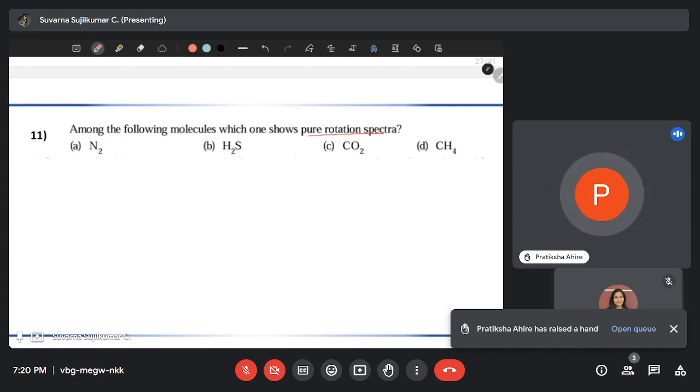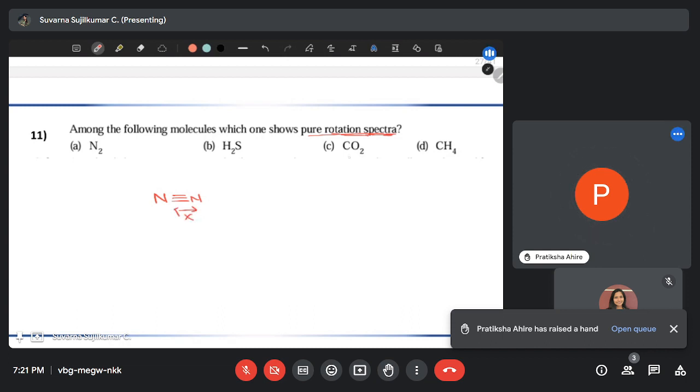First one, ma'am. What is the criterion for a molecule to be rotationally active in a rotational spectrum? It should have a permanent dipole moment, right? The structure of N2 is how? The dipole moments will cancel each other, right? So it won't have any dipole moment.